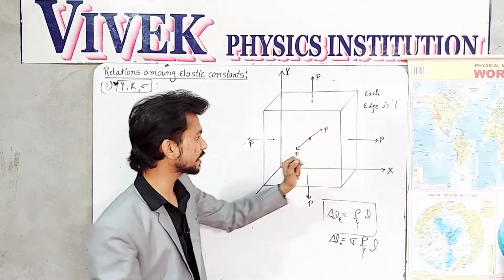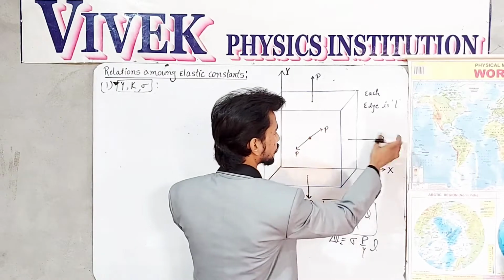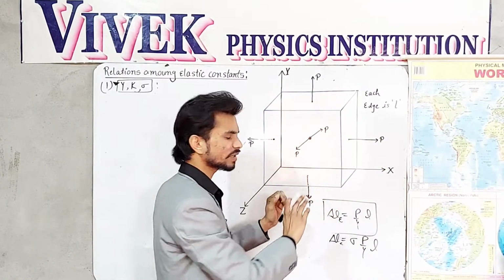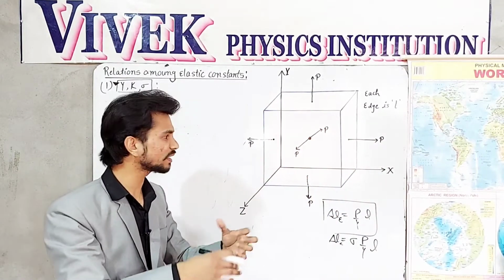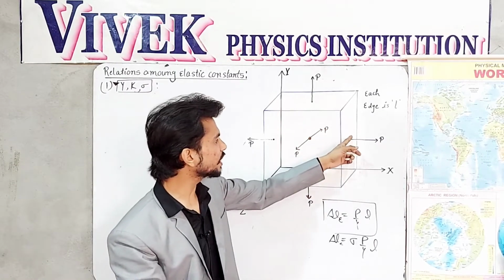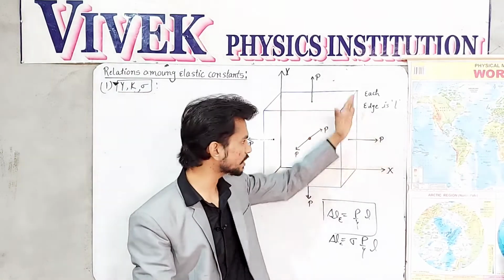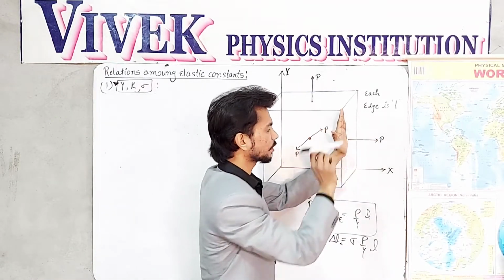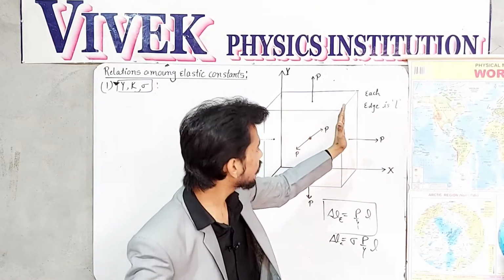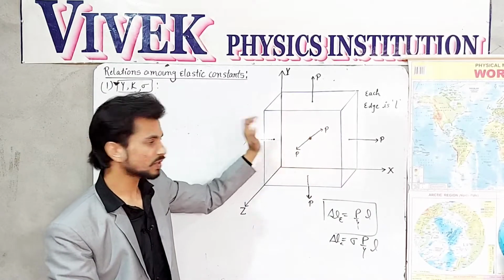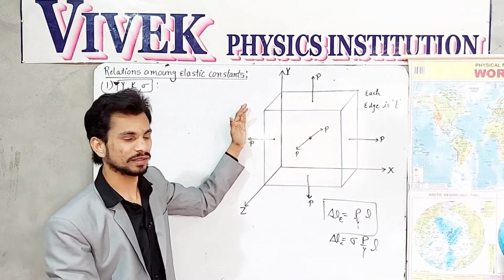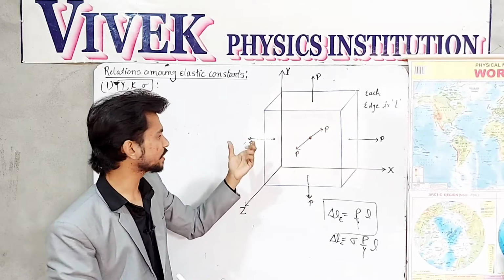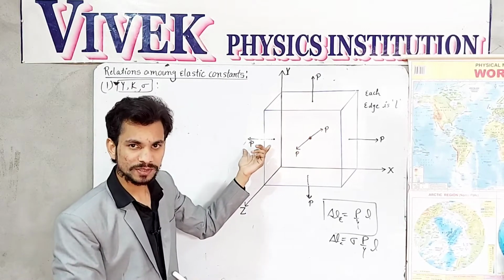You can easily see that this is one face undergoing the normal stress P. Normal stress is the stress perpendicular to the surface. This is a surface, this is the perpendicular stress. Now another face, which is along the negative x-axis, is also undergoing the same normal stress.